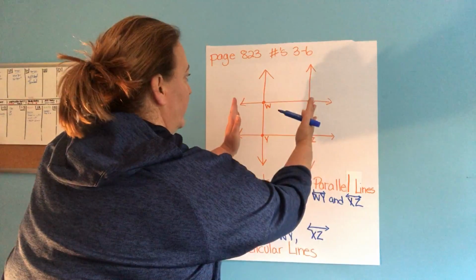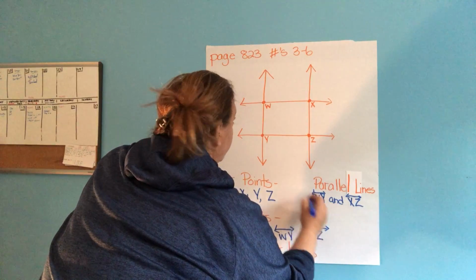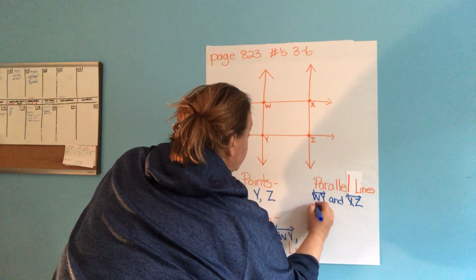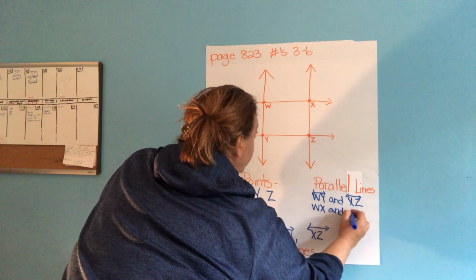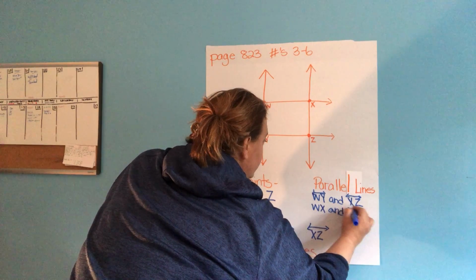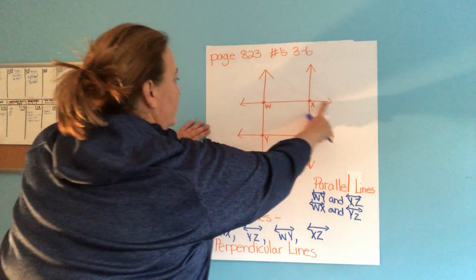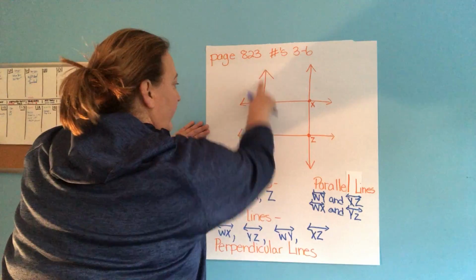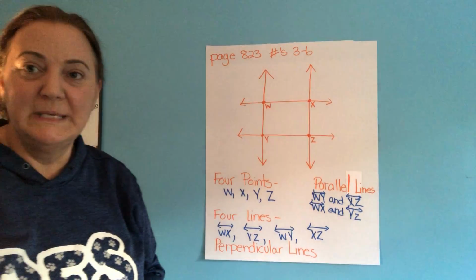So if these two lines are parallel, then these two lines will be parallel. So that would be W, X, and Y, Z. This line is parallel to this line, and then this line is parallel to this line.